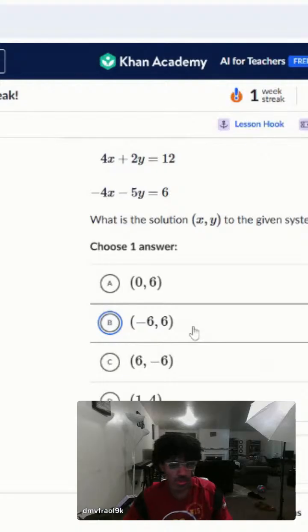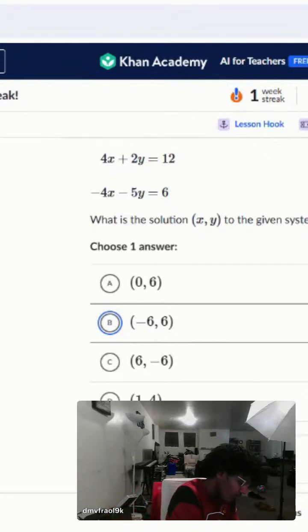Okay, then let's do 4. Okay, I think I got it now, guys. I think I got it. So we have 4x plus 2y equals 12. And then we have 2.